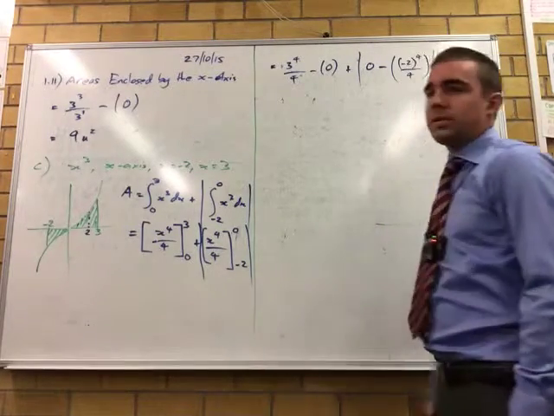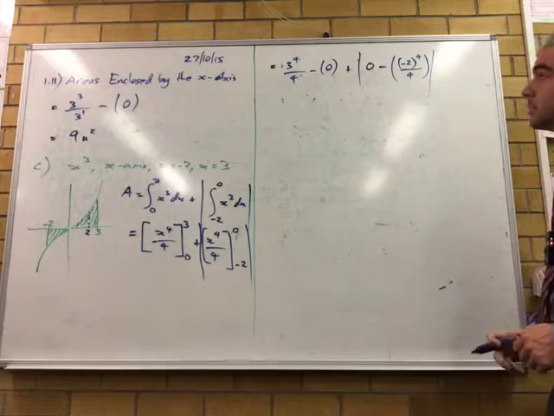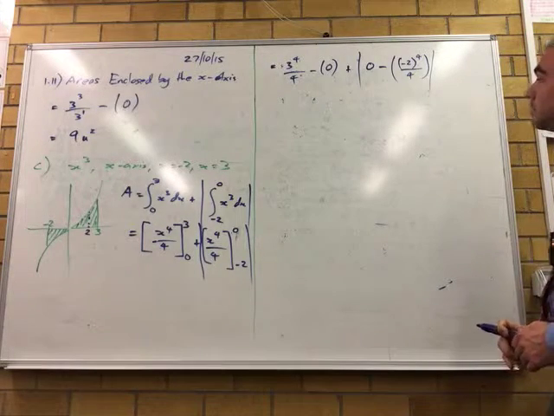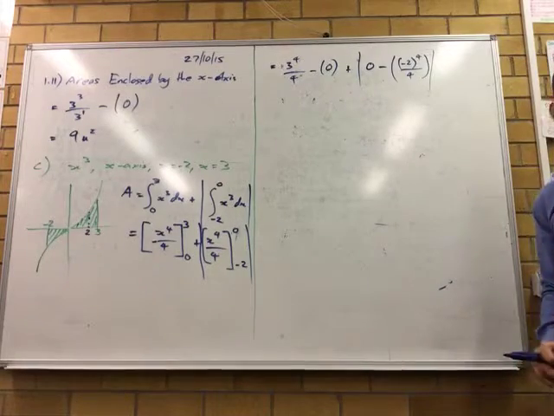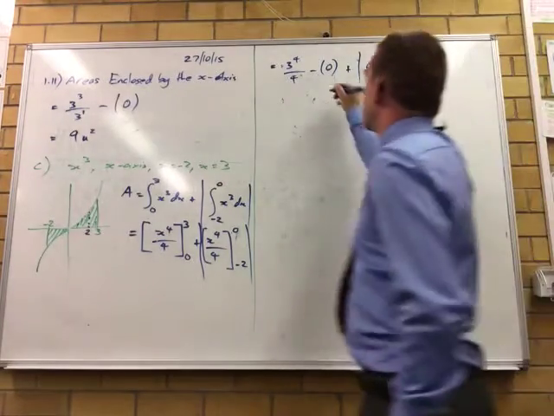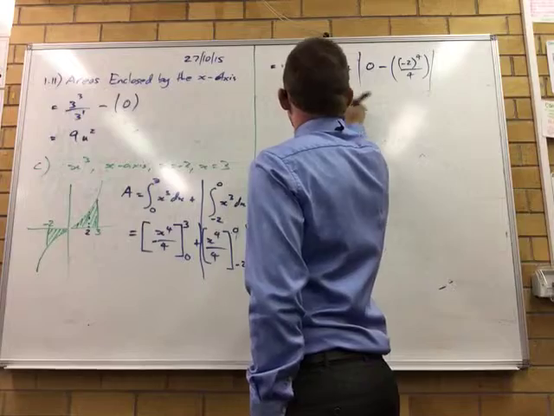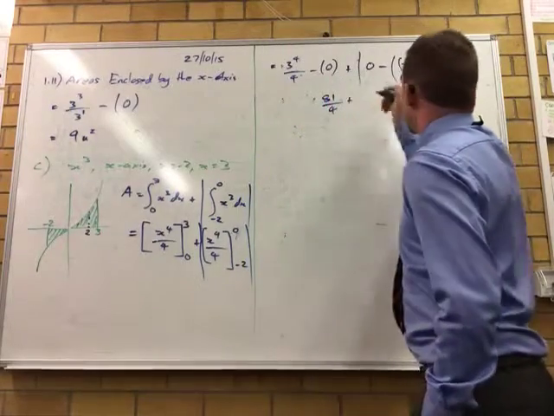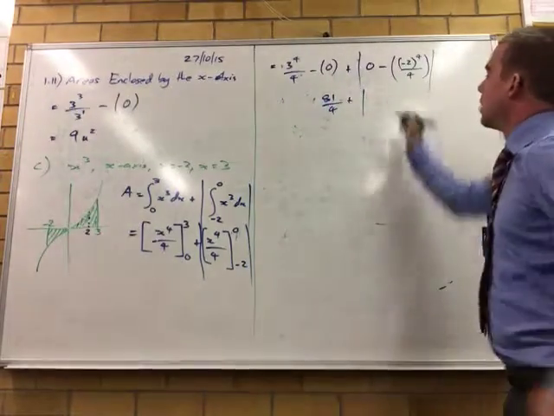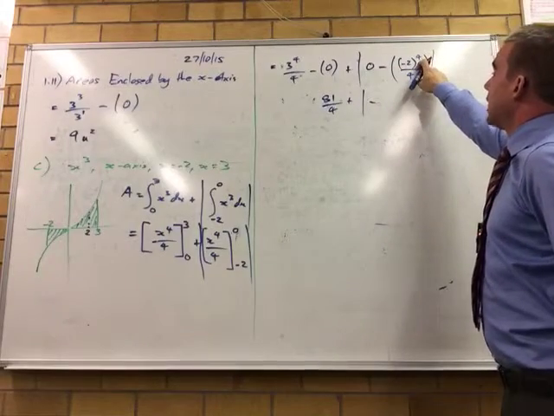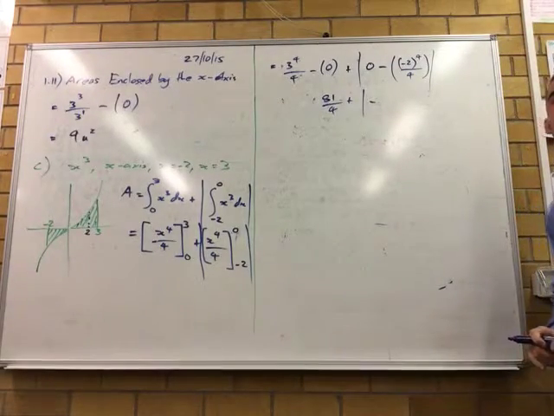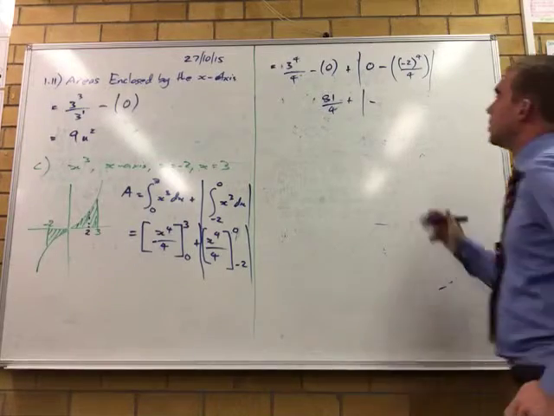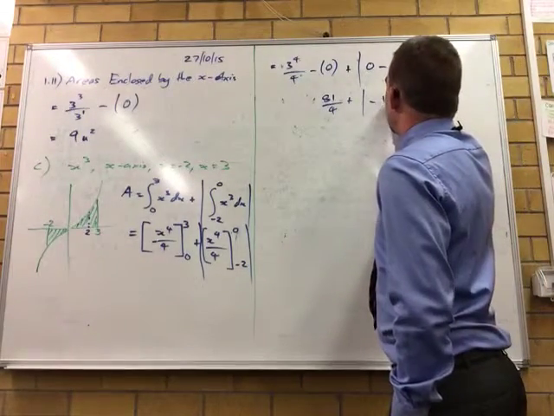I'm going to take the absolute value of all that. So 3 to the power of 4 is 81, 81 over 4, take away 0, plus the absolute value of negative 2 to the power of 4, which is 16.